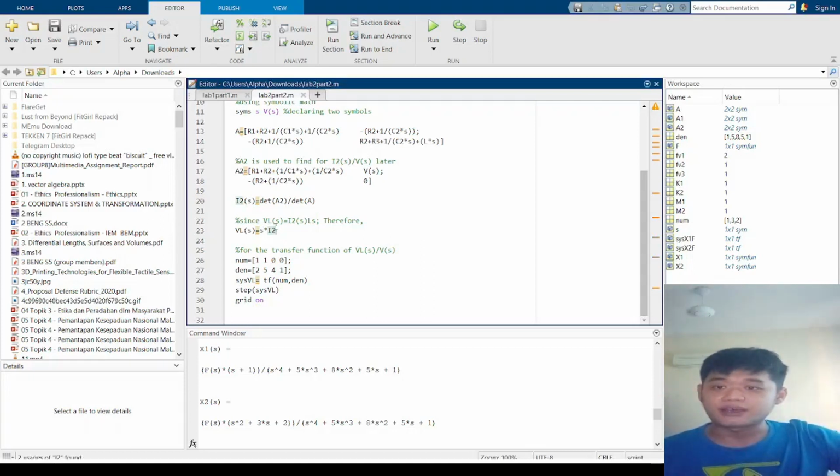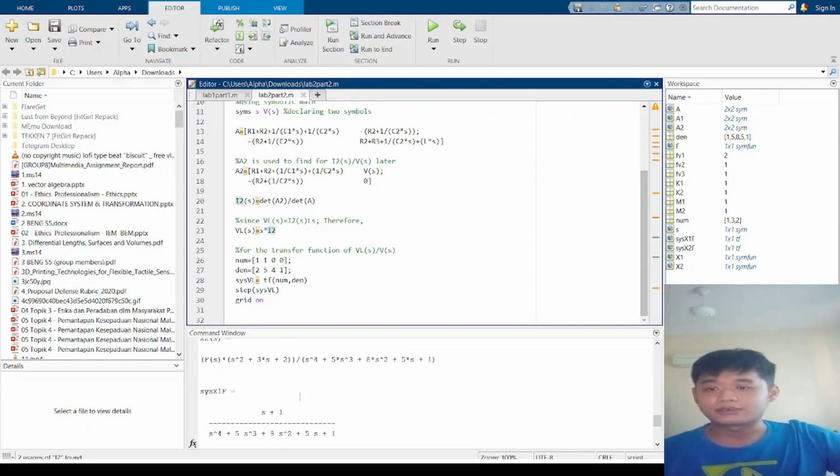Since VL is equivalent to I2 multiplied with Ls, therefore VL over s is basically equivalent to I2s.